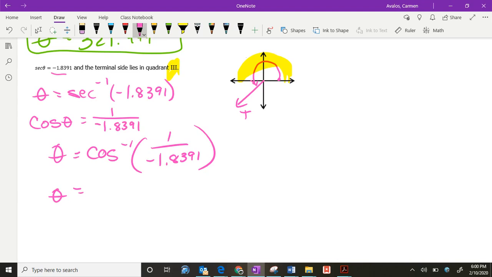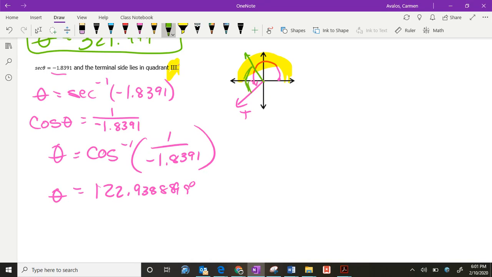So when we do the inverse of that, we end up getting 122.938888990. And so that is the angle in quadrant 2, but we don't want the angle in quadrant 2, we want it in quadrant 3. So what do we need to find? That's this angle right here that's given to us. And so in order for us to do that, we need to find this reference angle.